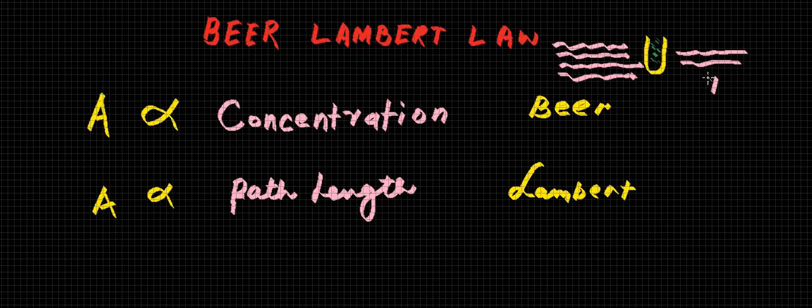So these are transmitted radiations by which the transmittance is calculated, and these are the incident radiations, their intensity, and part of that is absorbed by the sample.